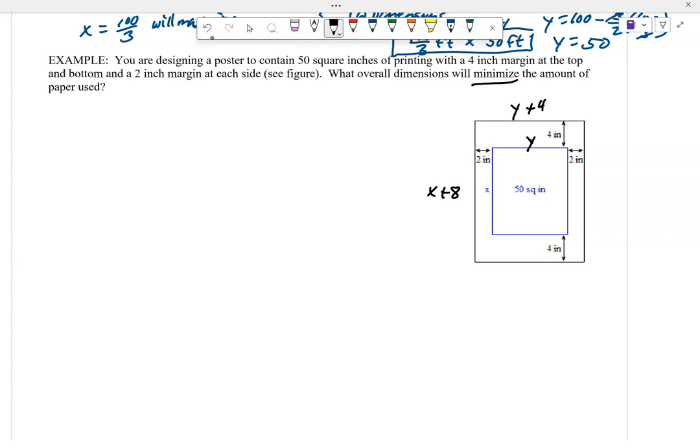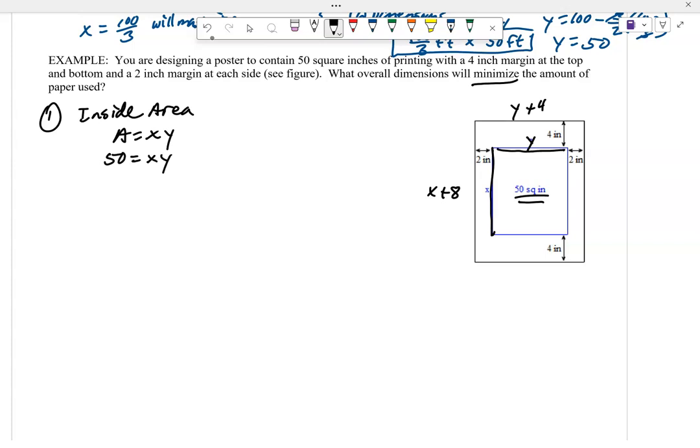So we're trying to minimize that whole area, right? Well, what are we given initially? We're given x times y is the 50 square inches, that inside area, right? The inside area is given. That's x times y, which is 50 square inches.